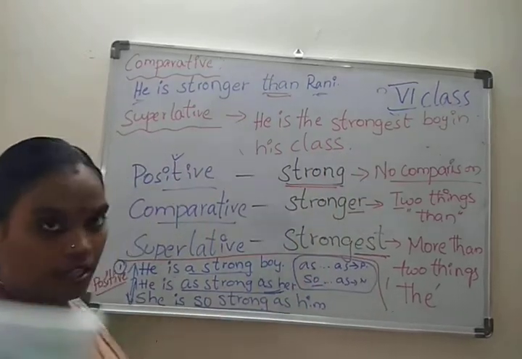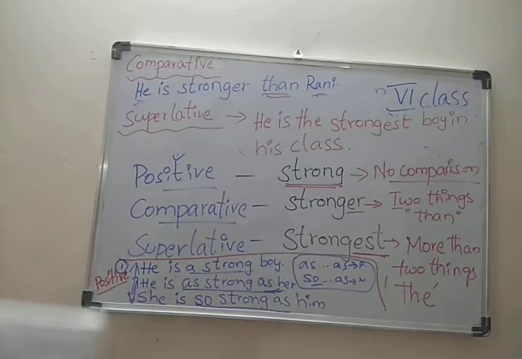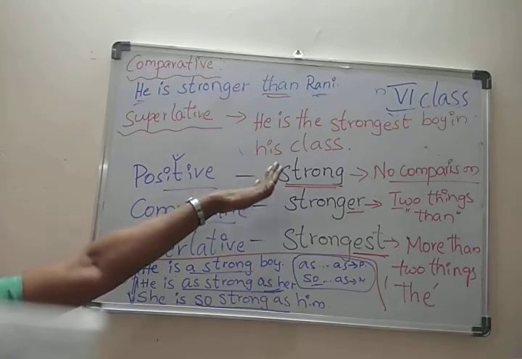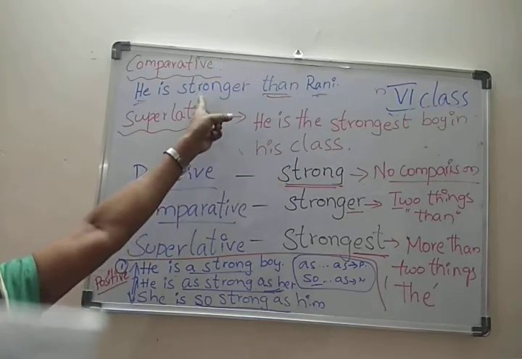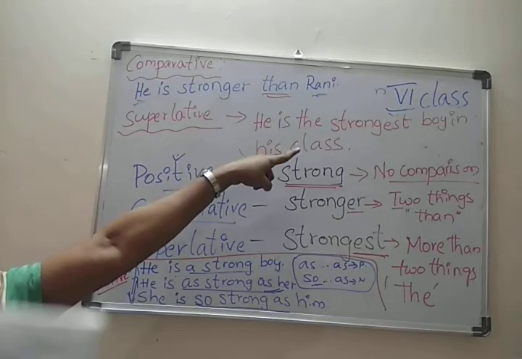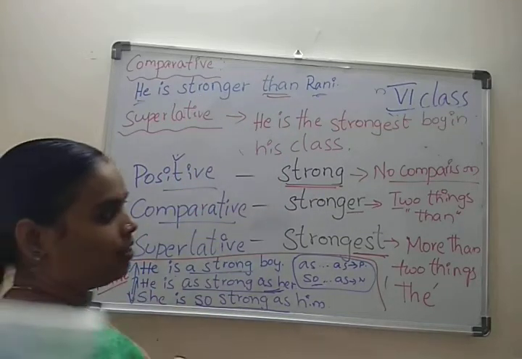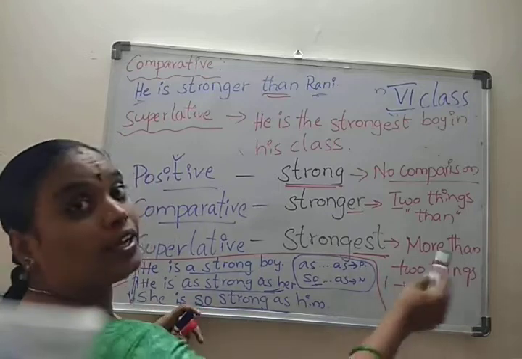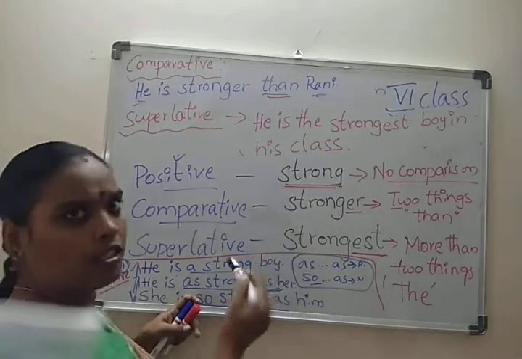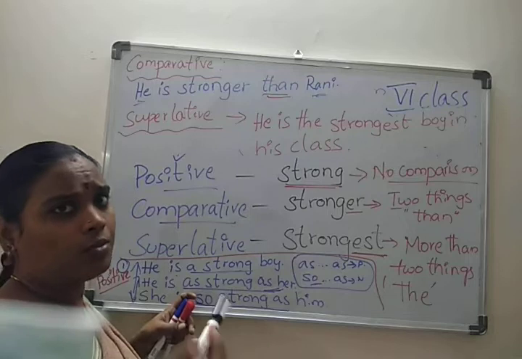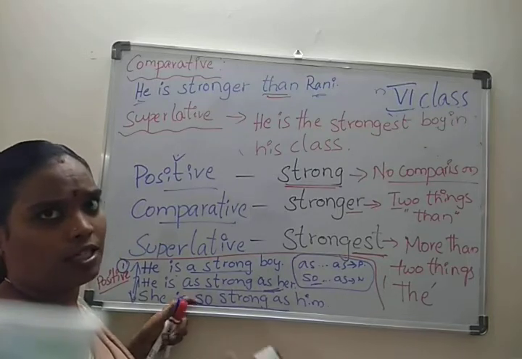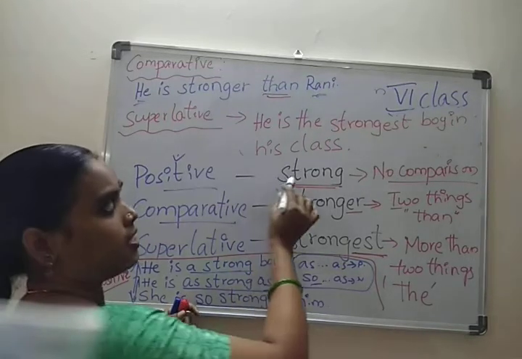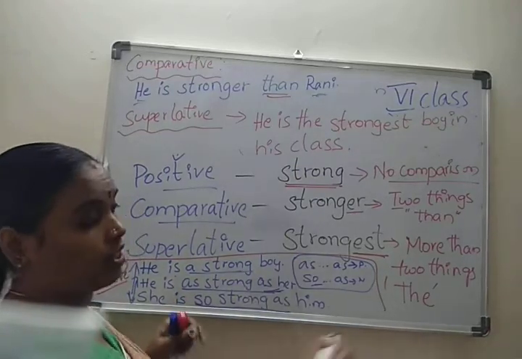Children, this is the sentence. In the superlative form, the same adjective I have taken: stronger in comparative. Now coming to superlative, more than two members in his class. Maybe the class has so many members. Yes, in his class, he is the strongest.